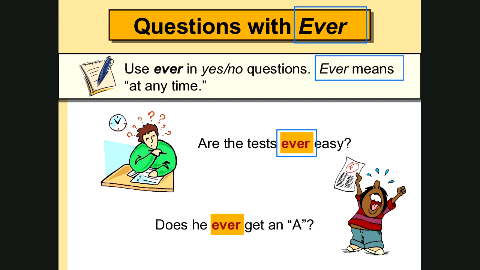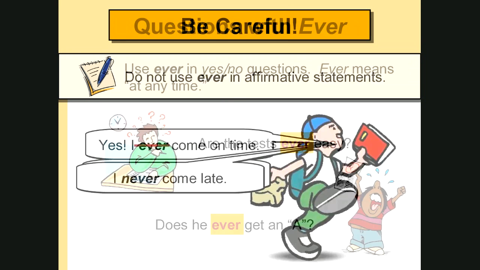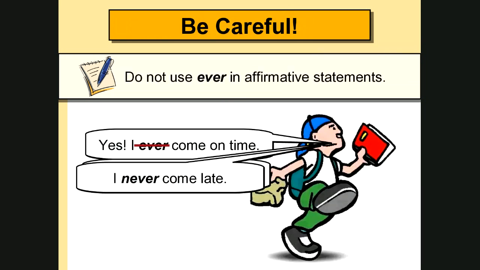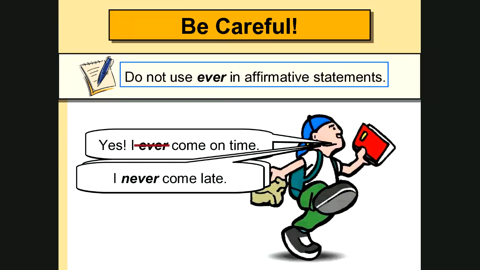You are asking about the whole process, whether you have done this activity. Are the tests ever easy? Does he ever get an A in the exams? So, questions. Do not use ever in affirmative statements, okay? Because ever will be only used in questions.